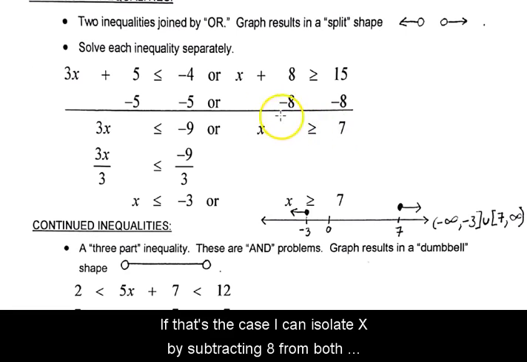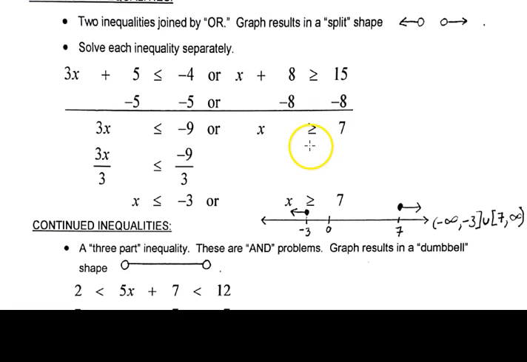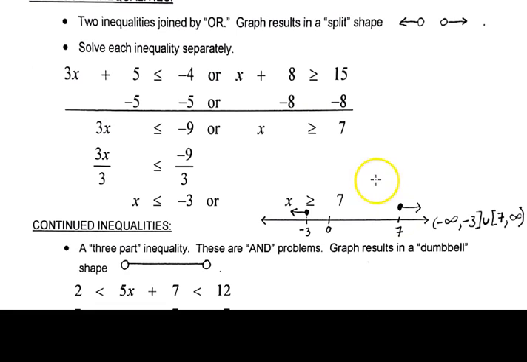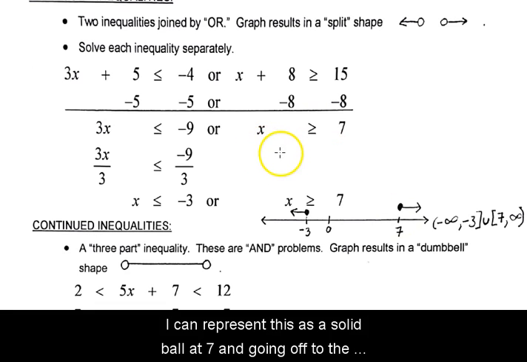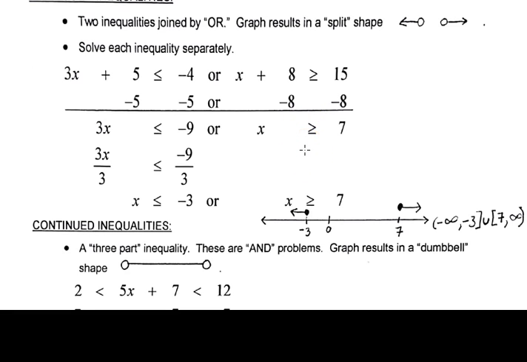If that's the case, I can isolate x by subtracting 8 from both sides to get x is greater than or equal to 7. Again, the or equal to will give me a solid ball at 7, going off to the right because this variable is on the wide or larger end of the symbol.